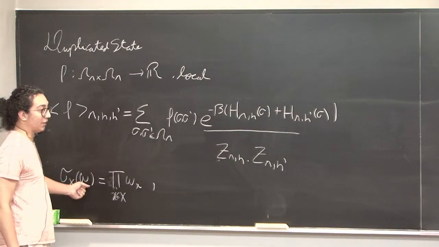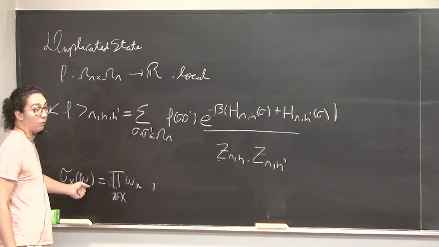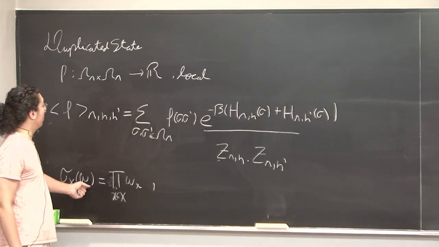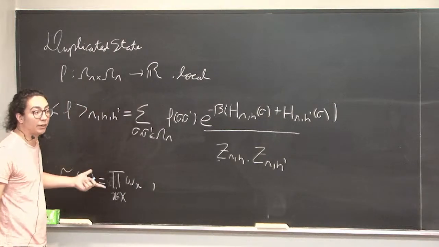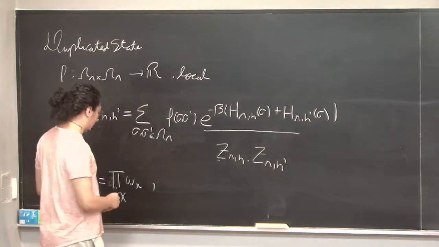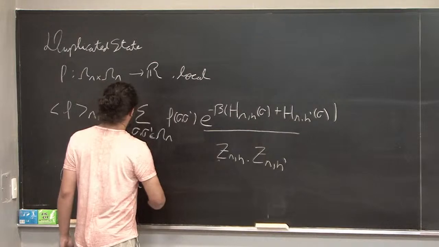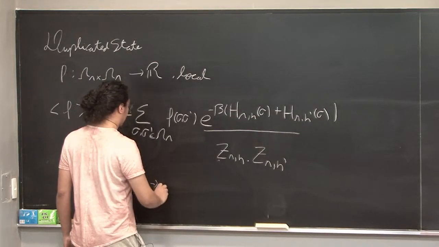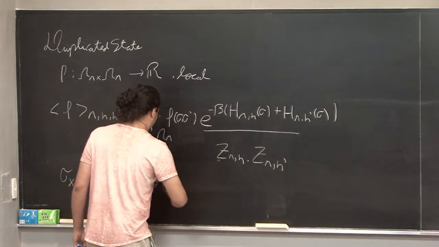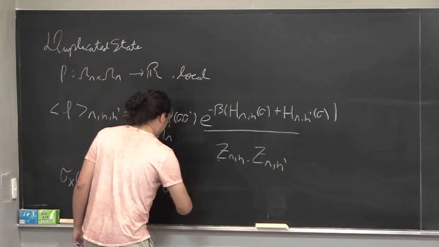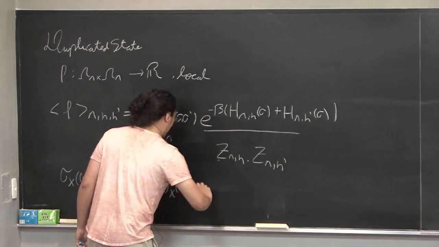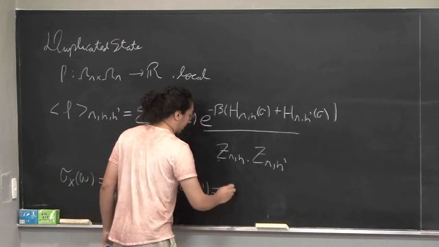The state space is now changed, so this is not a local function anymore of this form, but there is a clear extension. You can extend this to our space. You have omega and omega prime, and it's the same definition.